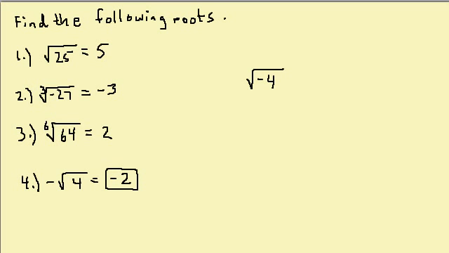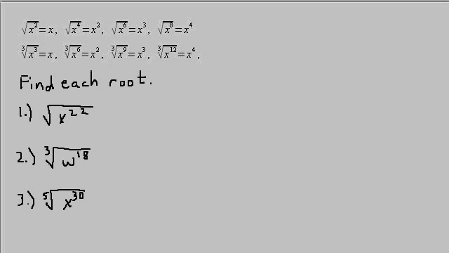Alright, so this takes care of finding the roots of numbers. What if we have variables under the radical? Now, in these first videos, we're going to assume that all variables represent positive numbers, that they represent non-negative numbers.